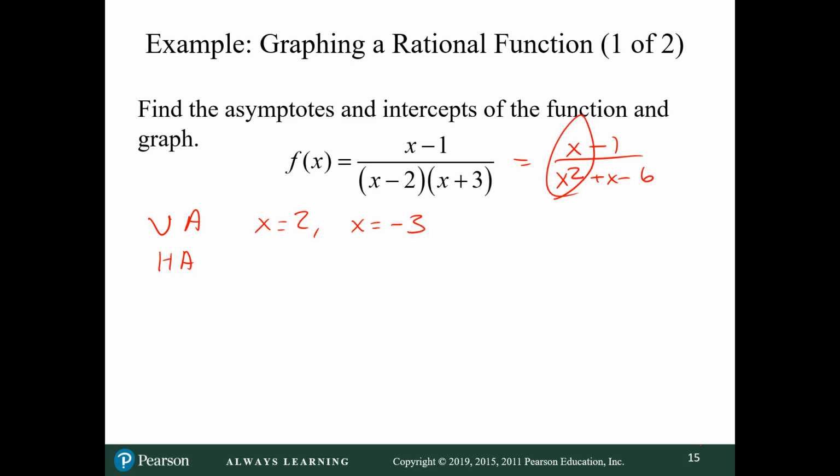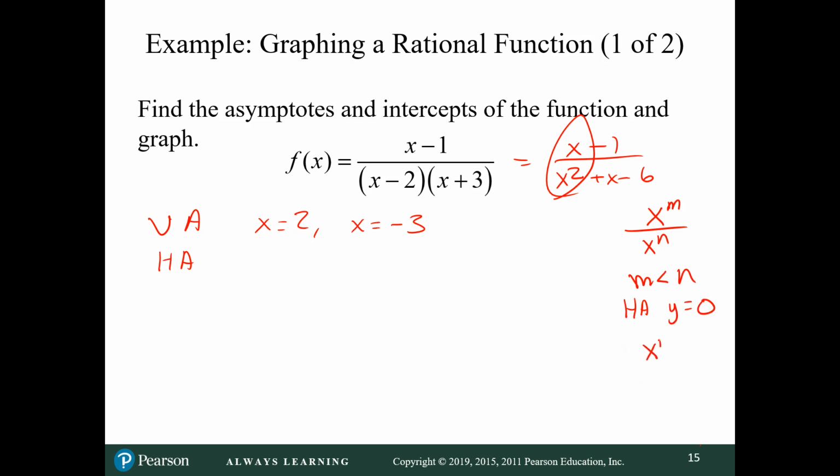These aren't the same power, so you don't use the coefficients. If the power on the top is smaller than the power on the bottom, then your horizontal asymptote is y equals 0.